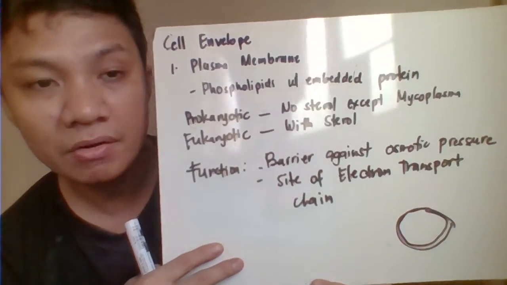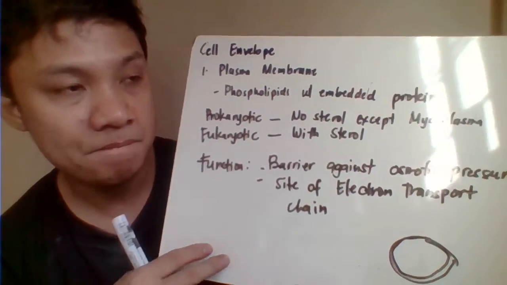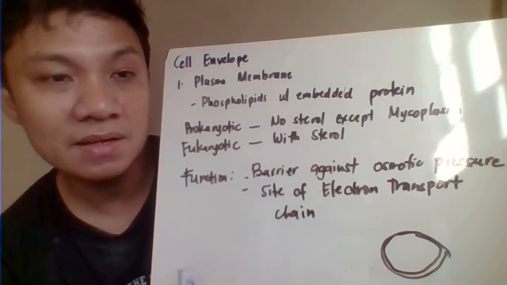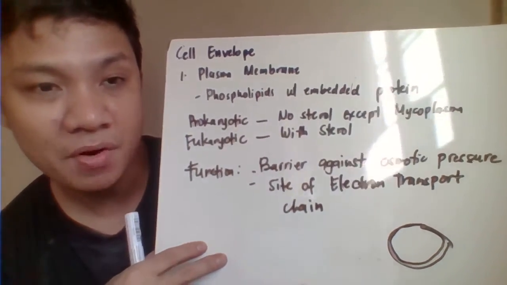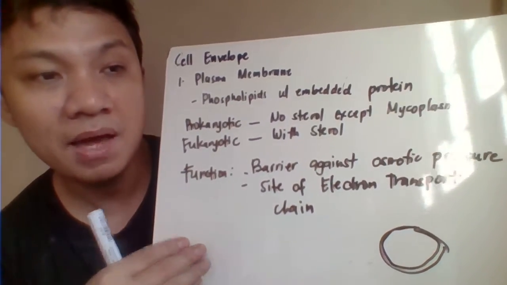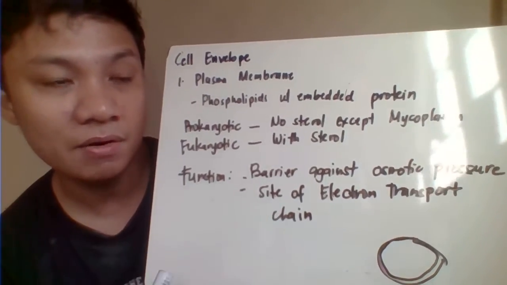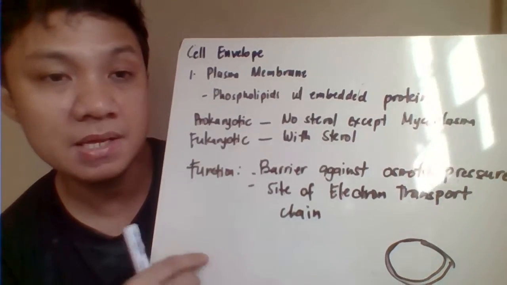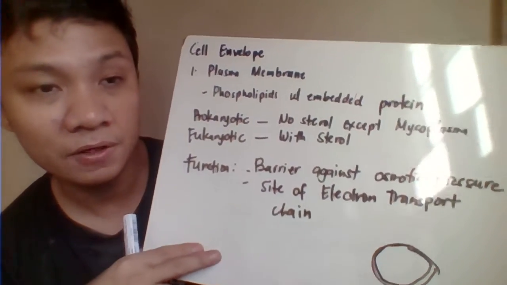For the prokaryotic organisms, basically it's made up of phospholipids plus proteins minus the sterol. Sterol here is cholesterol, except in Mycoplasma. Mycoplasma is the bacteria na meron silang sterol. All the rest of the bacteria, wala silang sterol. So, Mycoplasma is an exception among our prokaryotes or bacteria because they contain sterol.